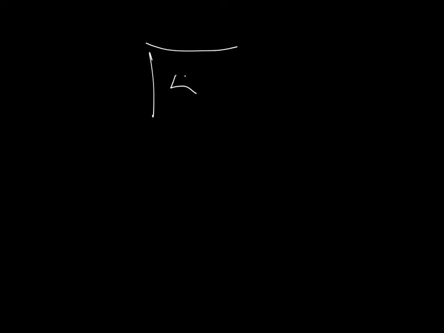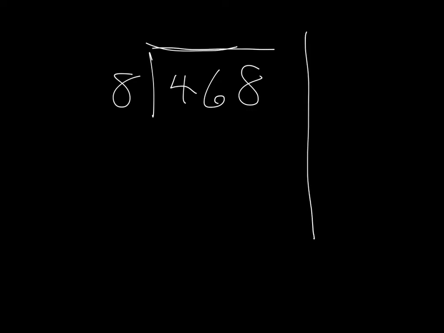So the number is set up in the traditional way. We're going to add a vertical line to separate some of the work that we're doing. And we're going to use that multiple, 50 times 8. You can write out the whole thing, 50 times 8 equals 400, or you can hold some of it in your mind and just write the 50, and you would write the 400 here.